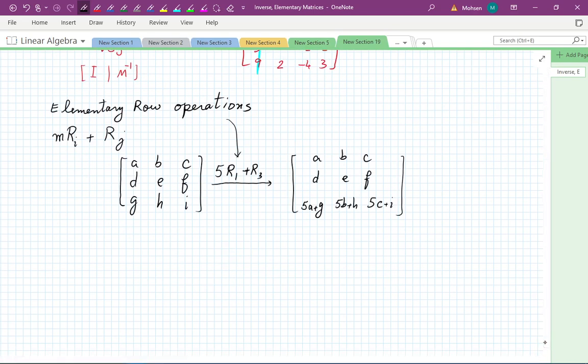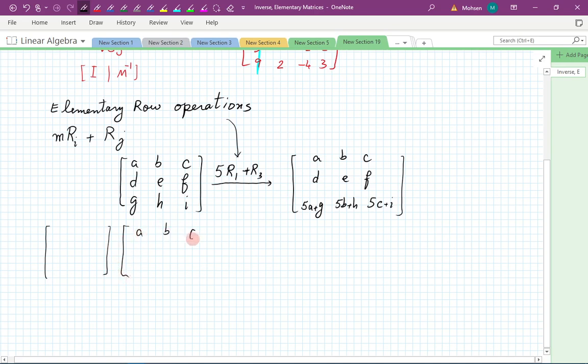Now, we said that operation itself can be represented by a matrix multiplication. Here I ask the following question: what matrix can I use so that when I multiply with this, out comes this one?